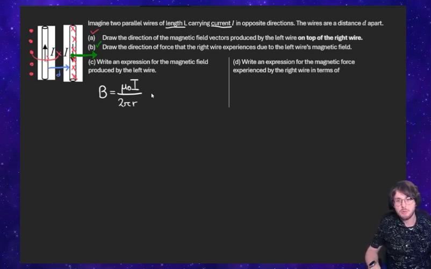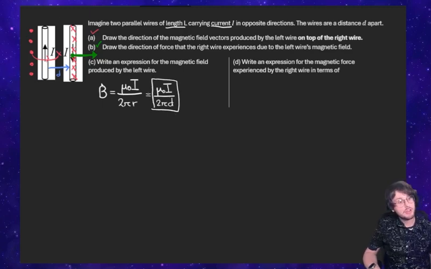So in terms of what we were given, it would say mu naught I over 2 times pi times the distance d that's given to us in the problem. This would be the strength of the magnetic field at the location of the rightwards wire.